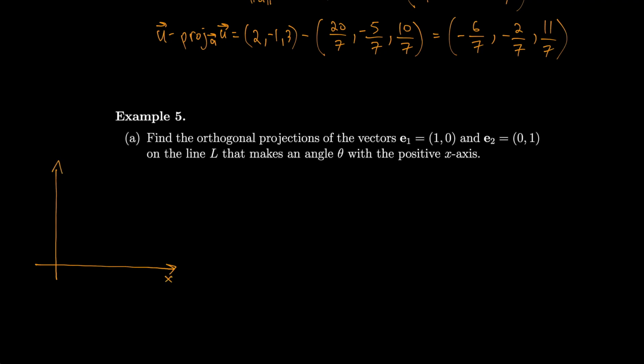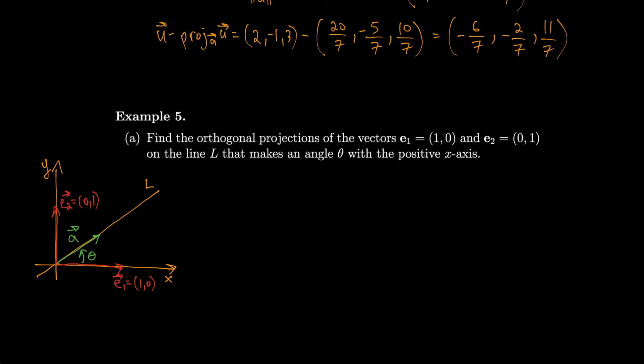Here's x, here's y, and I make this my line L. I'll make e1 this vector, so that's just (1, 0), and I'll make e2 this vector, so that's just (0, 1).